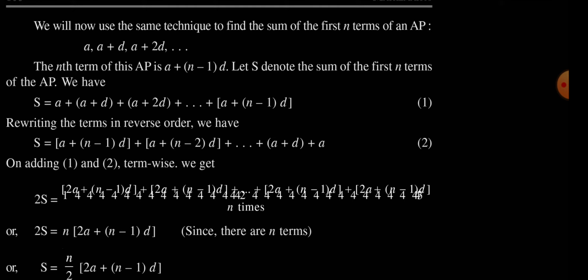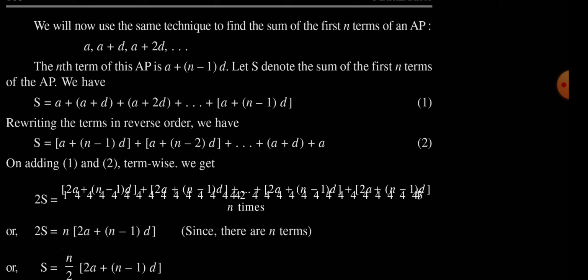Rewriting the terms in reverse order, we have S equals (a plus (n minus 1)d) plus (a plus (n minus 2)d) plus up to (a plus d) plus a. This is the second equation.